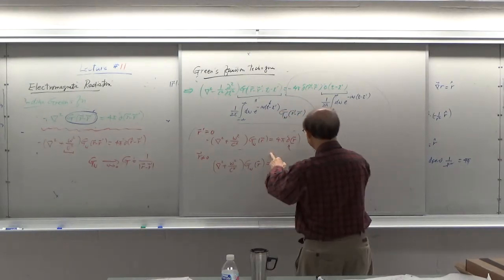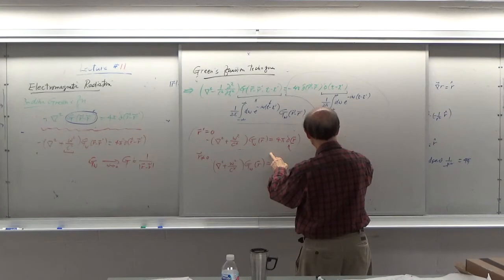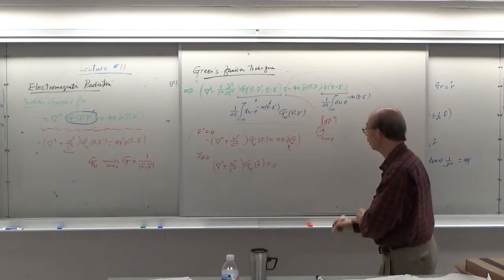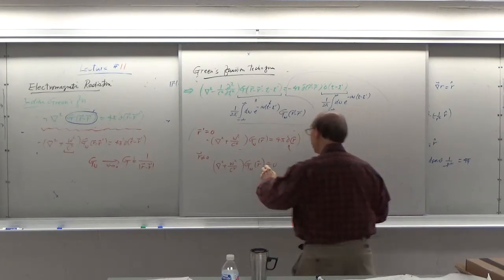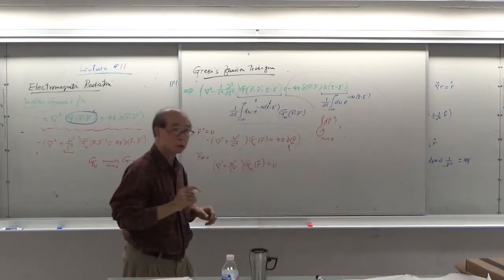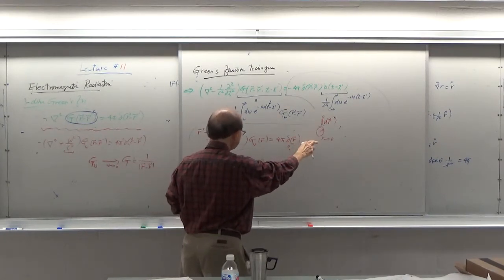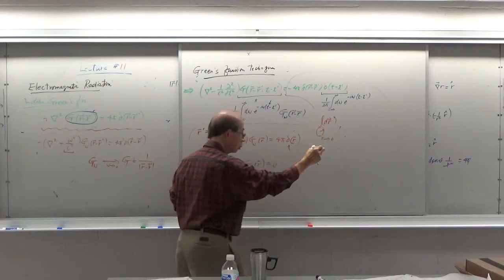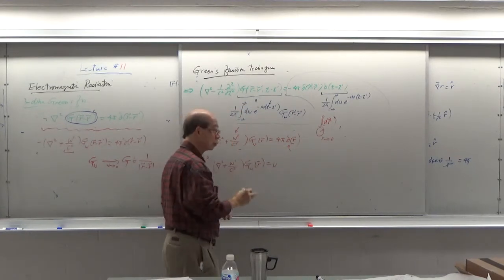All right, so here, let's integrate over a small sphere, as R goes to 0. I'm going to show you later that when you do the integration over a sphere, as the sphere shrinks to 0, this term doesn't contribute.